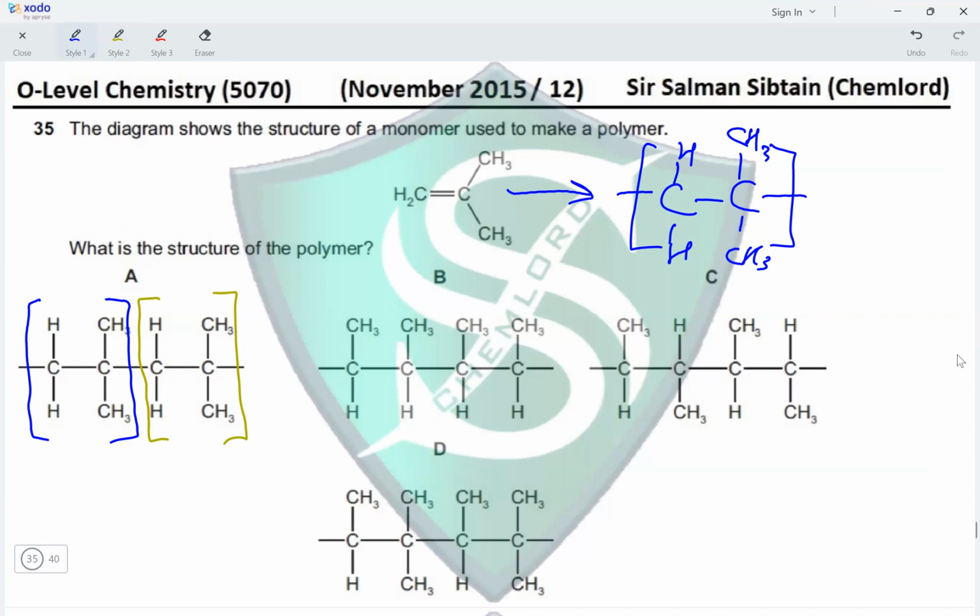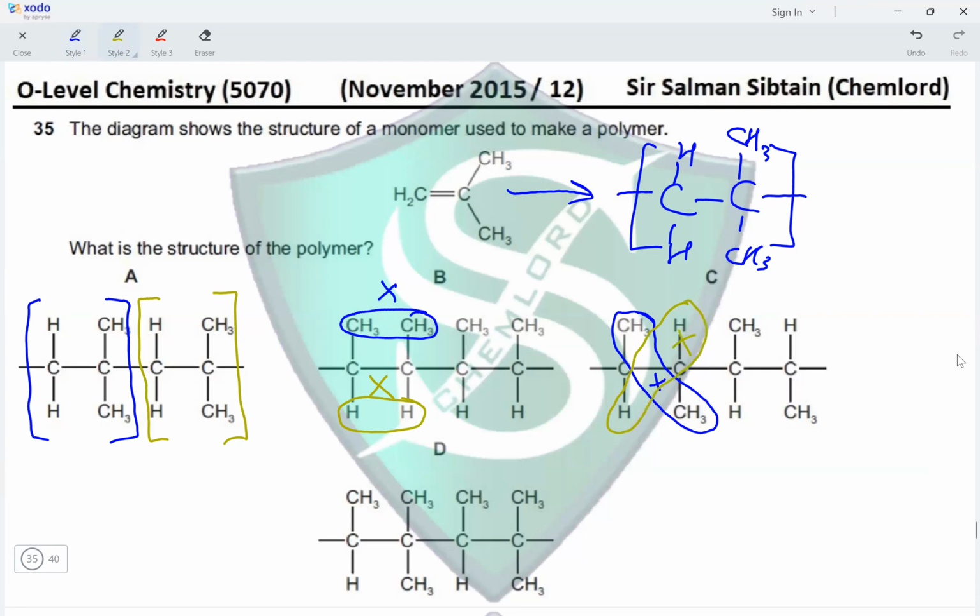Next, we've got two CH3s on adjacent carbon atoms and two hydrogens on adjacent carbon atoms, which is wrong with respect to both the groups because two of the same group should be on one carbon atom only. Same situation is encountered in option C. We've got two CH3 groups on adjacent carbon atoms, and we've got two hydrogen atoms on adjacent carbon atoms.